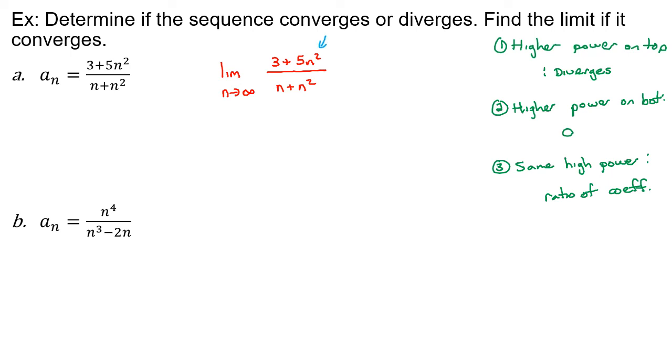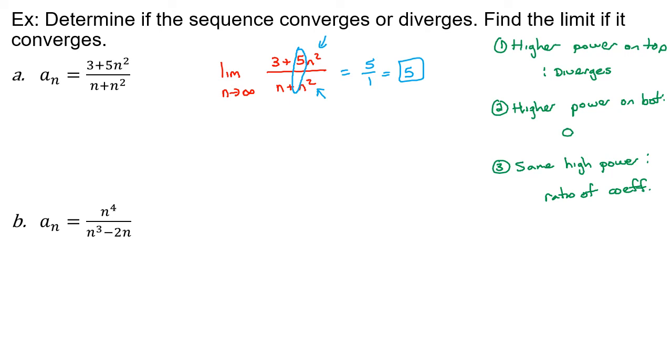We have an n squared on top, and we have an n squared on bottom. They are the same power. The highest power on the top and the bottom are the same, so our answer becomes the ratio of the coefficients in front. So we get 5 over 1, which is 5. That limit converges to 5.